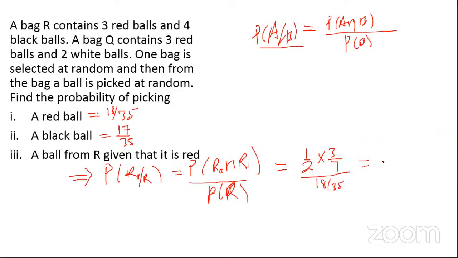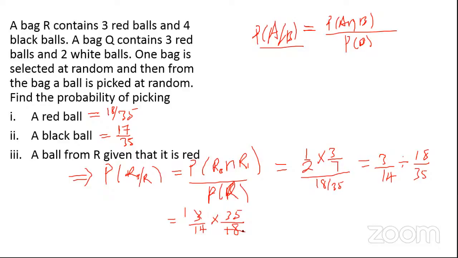So we can rearrange it. This would be 3/14, the upper one, divided by 18/35. Since we are dividing fractions, we multiply by the reciprocal. So 3/14 multiplied by 35 divided by 18. Those with calculators, you can help us. Let me do this simple one.